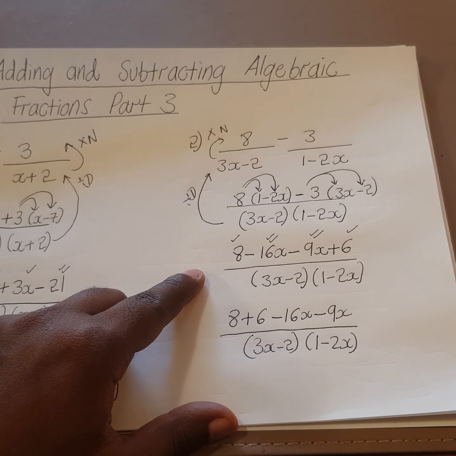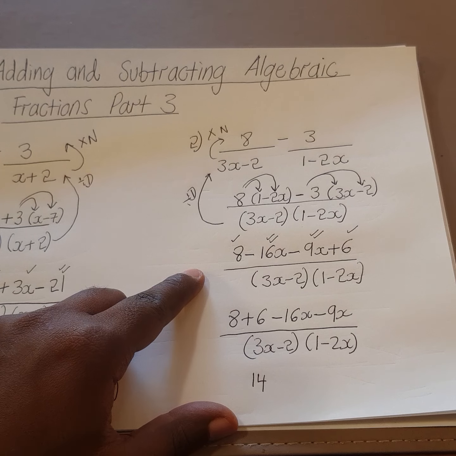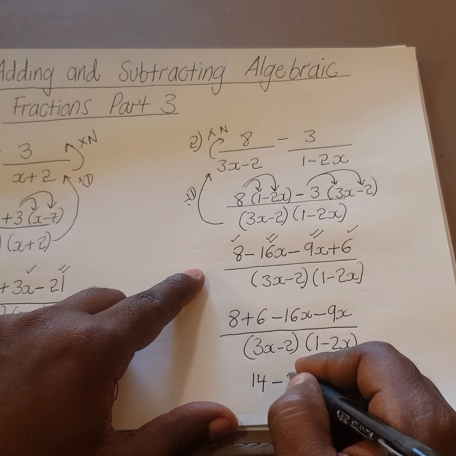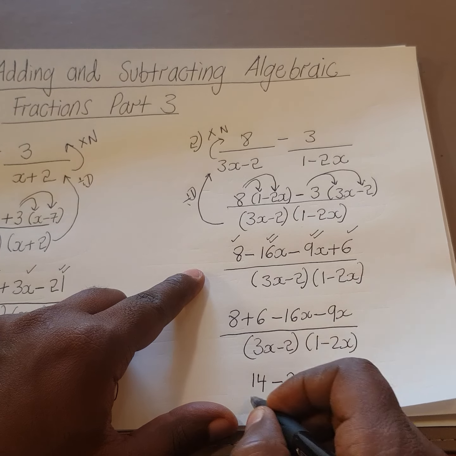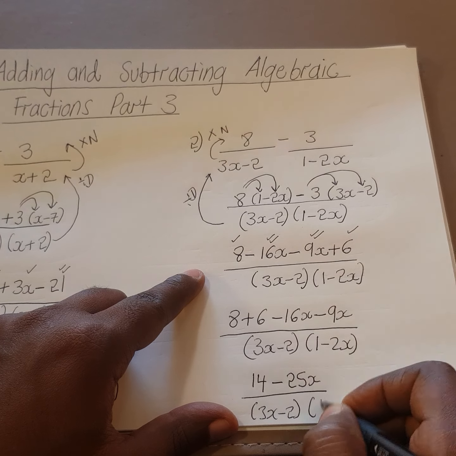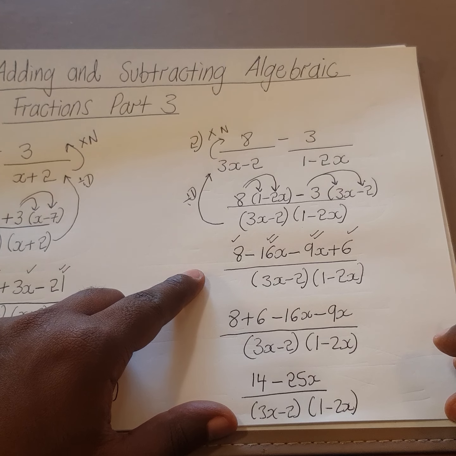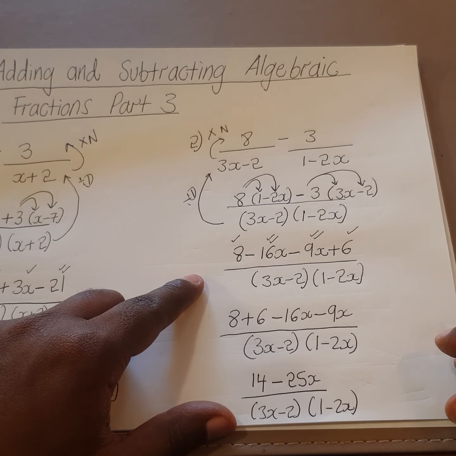So we've rearranged. 8 plus 6 is 14, and negative 16x minus 9x is negative 25x over 3x minus 2, 1 minus 2x. Can I simplify that again? I can't. So that is my final answer.